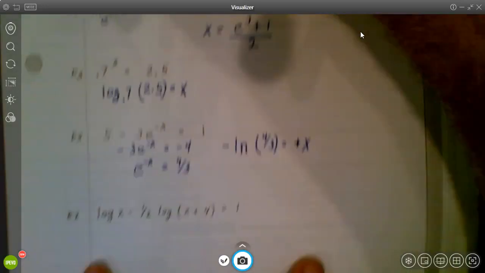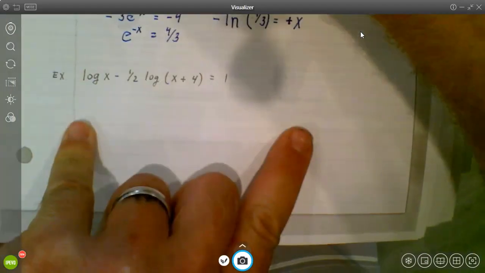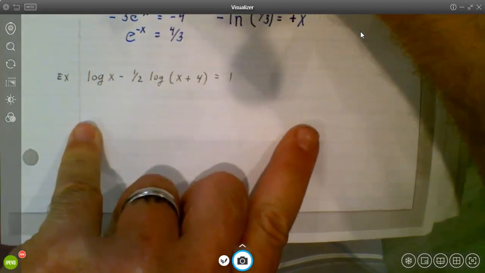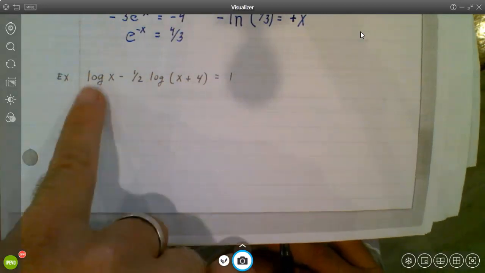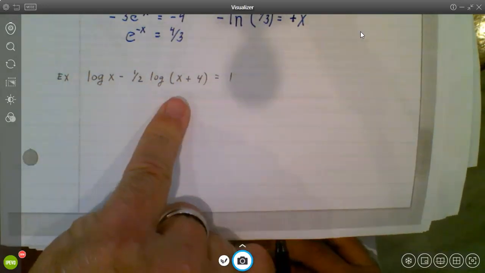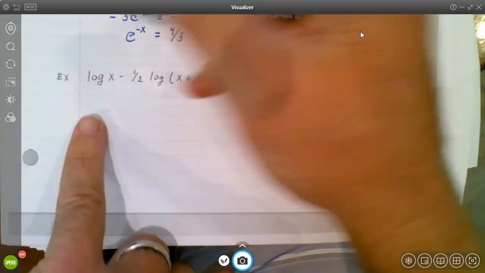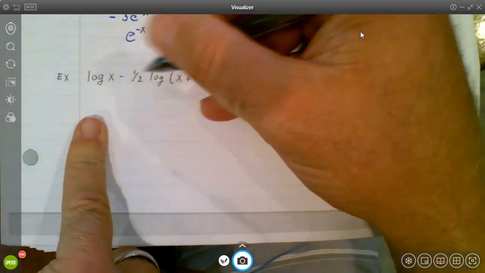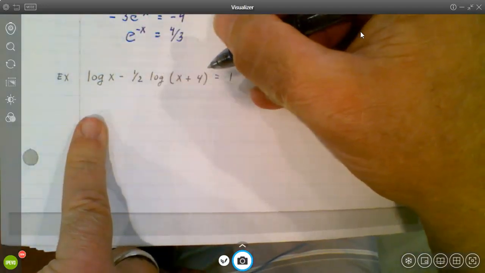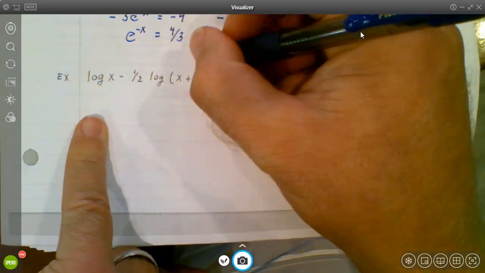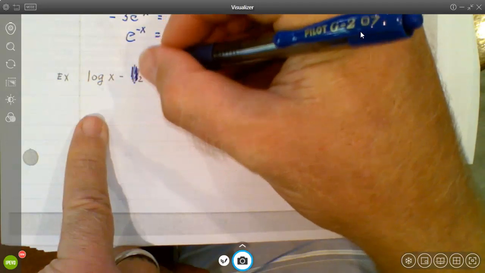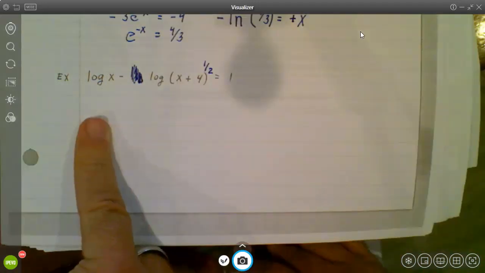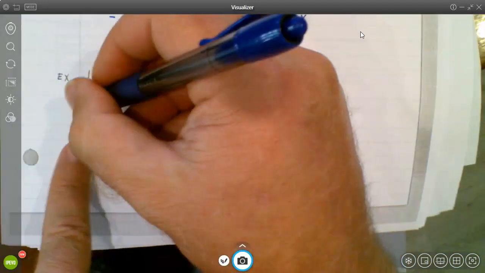Let me take you down to this guy. On this one, similar to what I did up above, I'm going to take these two logs and combine them into a single log. Before I do that, I'm going to take this 1/2 and put it right there back as the exponent, so that it looks like this. Now I can take those two logs and condense them.